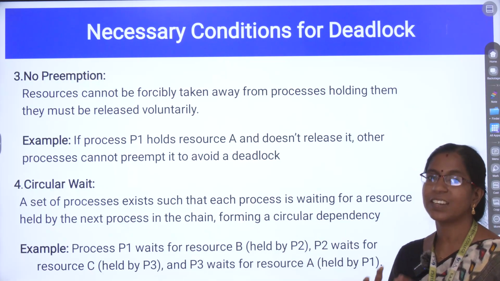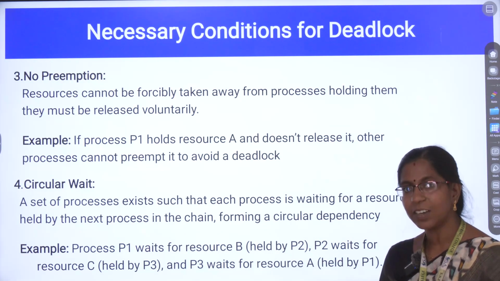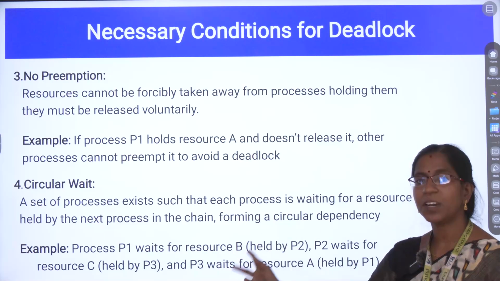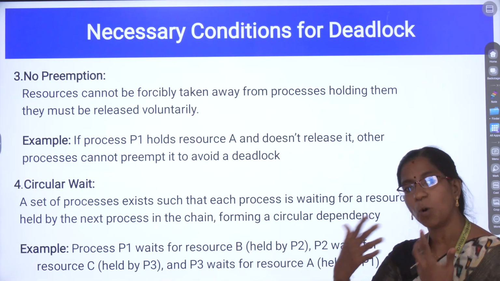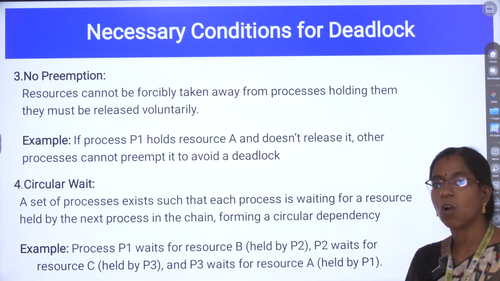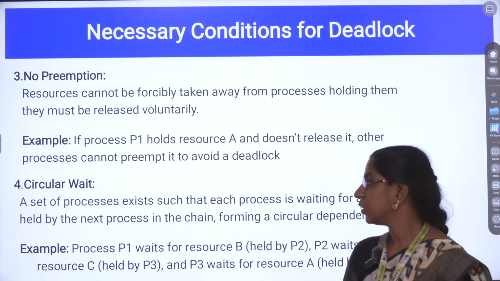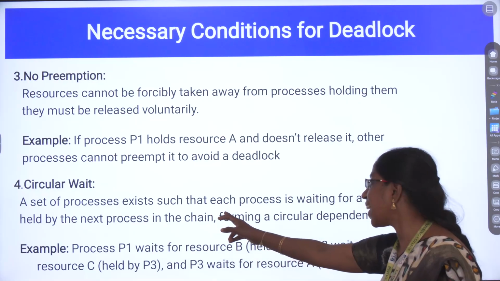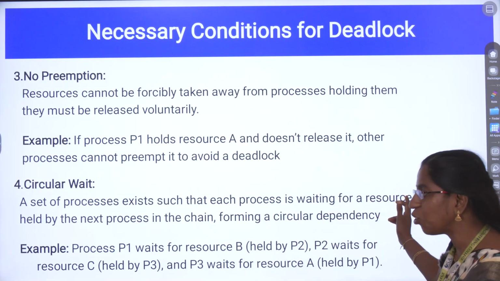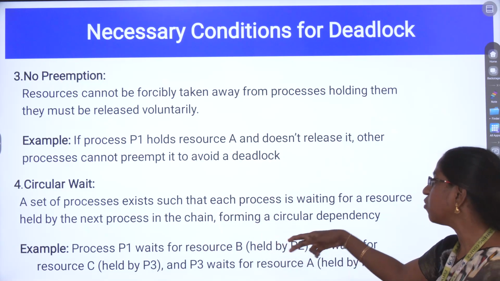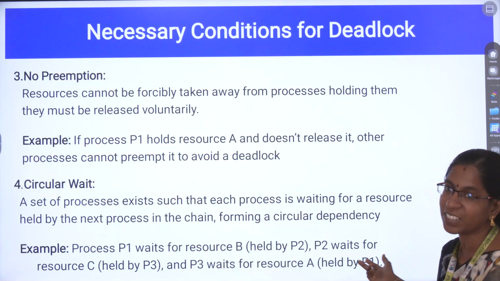Then circular wait. It is like hold and wait, but hold and wait is only between two processes, whereas here we can have more processes in a continuous cycle. A set of processes exists such that each process is waiting for a resource held by the next process in the chain, forming a circular dependency.